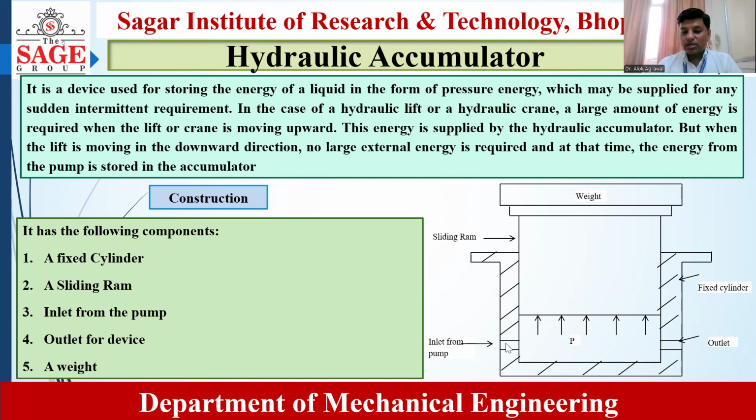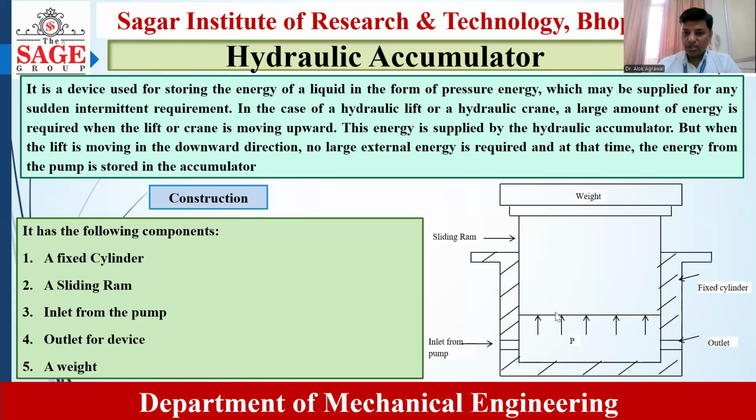The inlet slot is connected to the pump, from where water will be pumped inside the accumulator, and this water will lift the sliding ram. There is an outlet where the water will come out when there is a requirement of some other device for high pressure energy liquid.